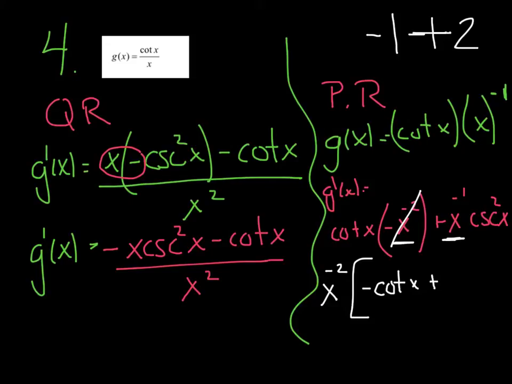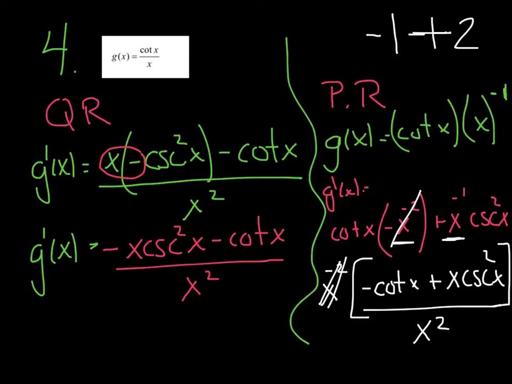So I'm going to have a plus x times cosecant squared x. And then lastly, I can move this x to the negative 2 to the bottom as x squared, because it's a GCF out front, and I get exactly the same thing I had with quotient rule. Remember, pause, rewind, do what you need to do to make sure we get those down today.